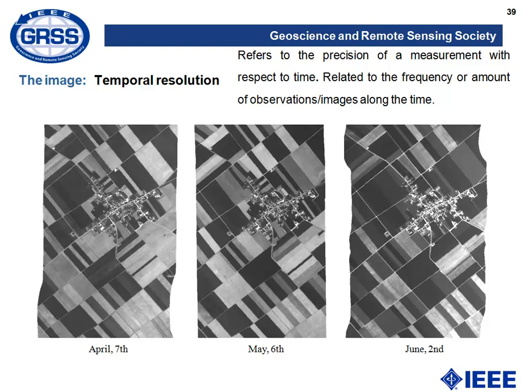Temporal resolution is related to the frequency or number of observation images over time. In part 1 of this tutorial, we could see that temporal resolution is very dependent on the satellite or platform and sensor characteristics. Temporal resolution is very related to the usability or the application.